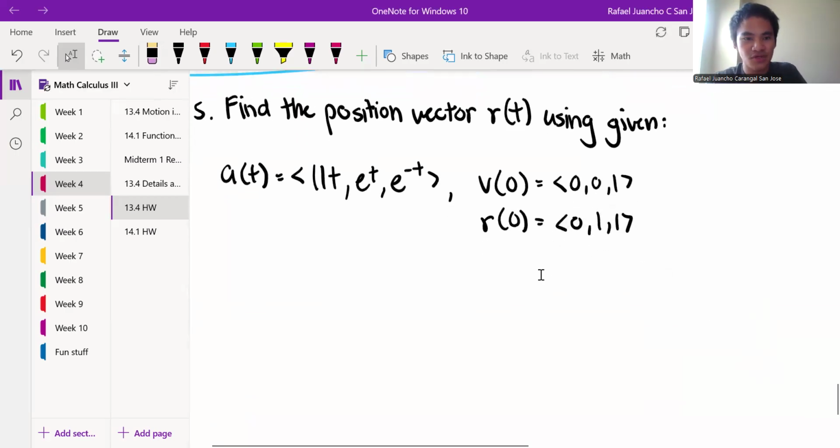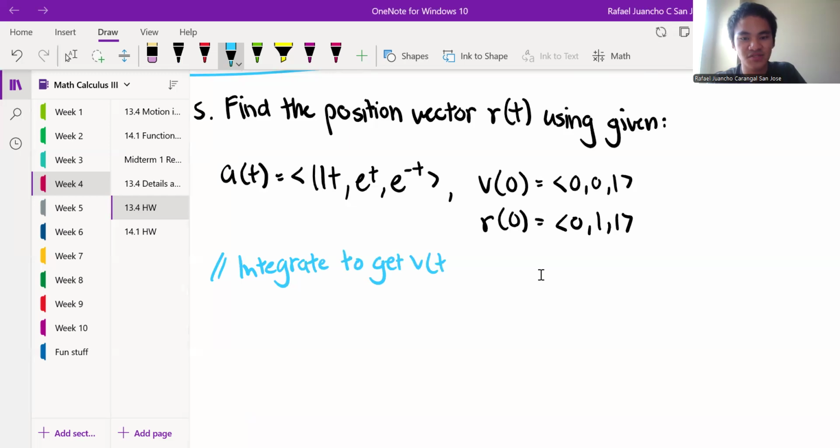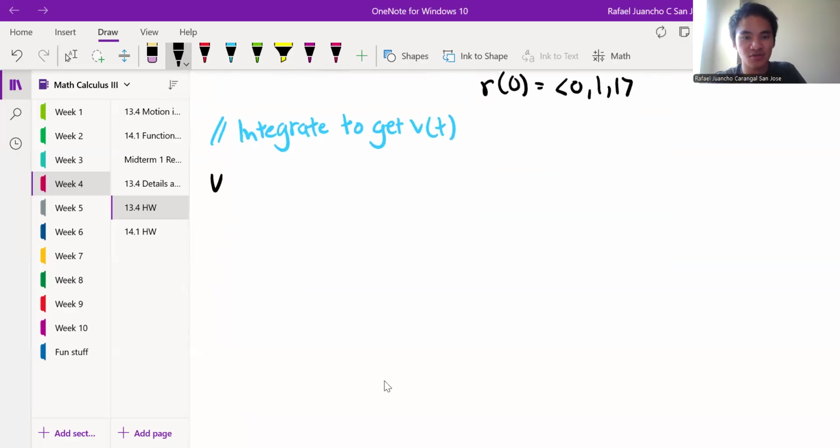So what is the first step? Well, we want to integrate to get velocity, or specifically v of t, our velocity vector. To get our velocity vector, we want to integrate our acceleration vector again. So it's really the same step as the one before.